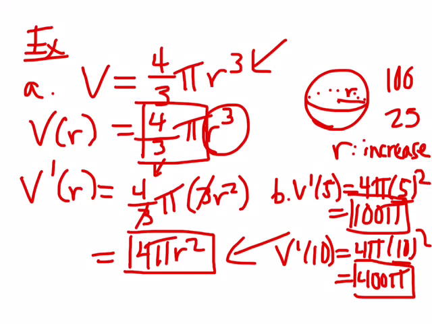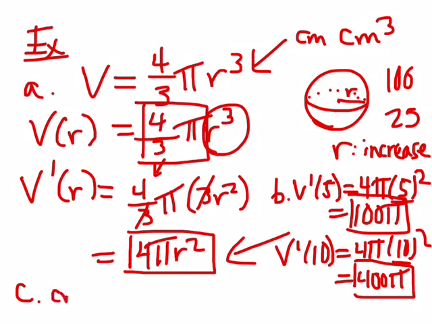And finally, the last part on C there, I'm going to try and squeeze it in at the bottom. They say, okay, well, we didn't have any units before. Now they're saying, all right, well, what if the units for the volume were in cubic centimeters? Put this up top, cubic centimeters, and the radius is just in centimeters. What would be the units that would be appropriate for this?